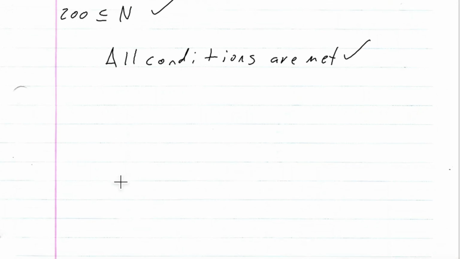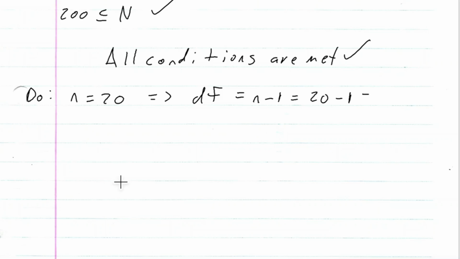So now we can do our do part. n is equal to 20, which implies our degrees of freedom is n minus 1, which is 20 minus 1, equal to 19. I'll explain later what we're going to use this degrees of freedom for, especially when we go to the table.